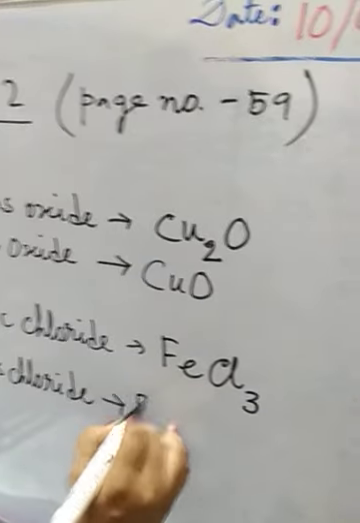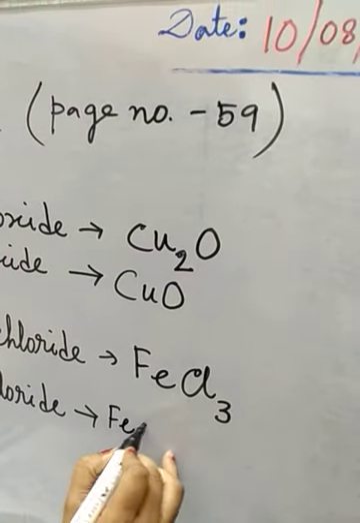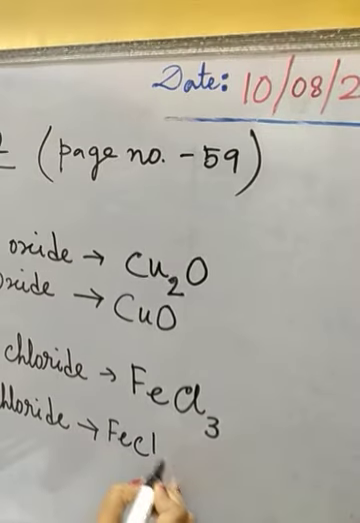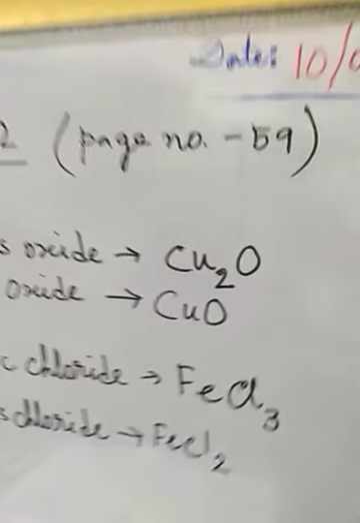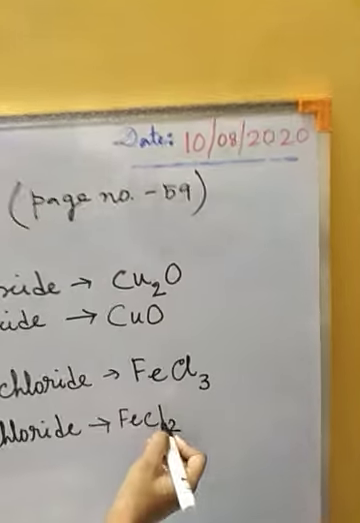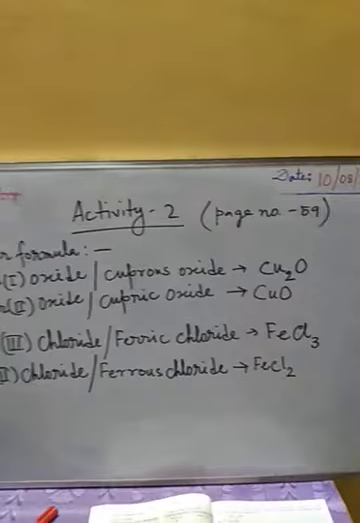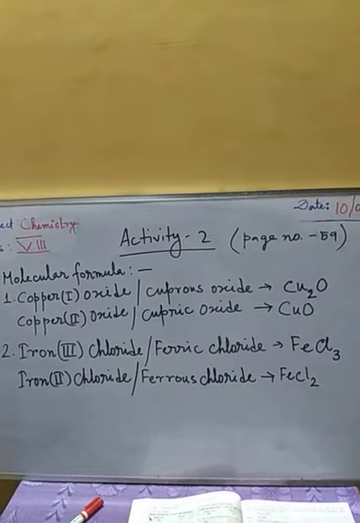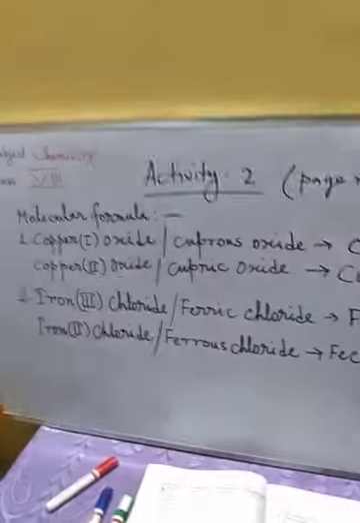Here iron is using its 2 valency, which will go to chlorine. So FeCl2. Okay, so FeCl2. This is the formula of ferrous chloride or iron 2 chloride, and FeCl3 is the formula of ferric chloride.